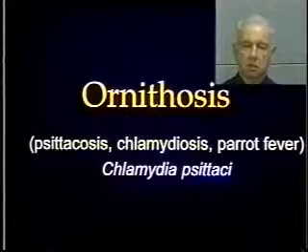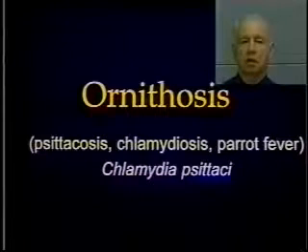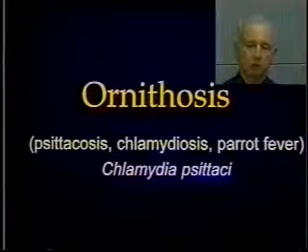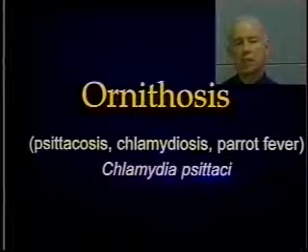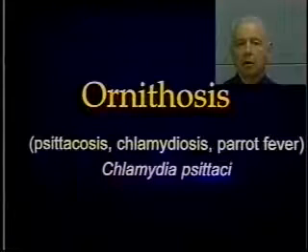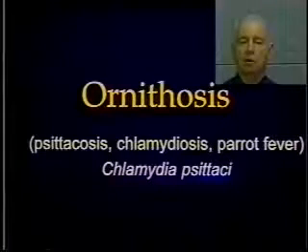Ornithosis, psittacosis, chlamydiosis goes by a number of different disease names, but all caused by the organism Chlamydia psittaci. Psittacosis is primarily the form of the disease that occurs in the psittacine birds, the parakeets, the parrots.